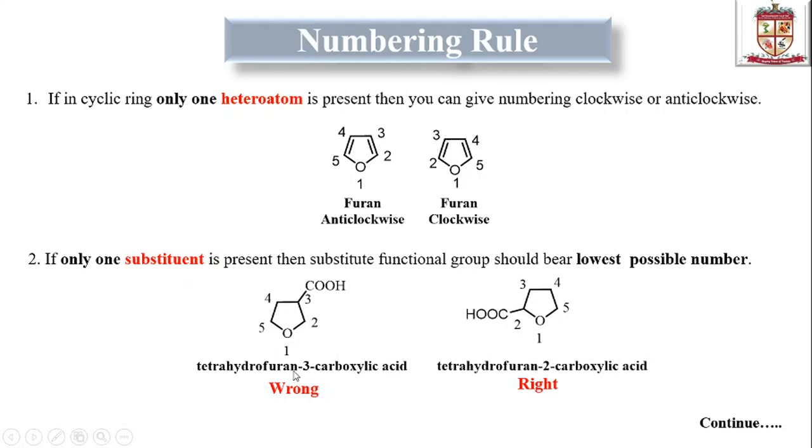In the other case the carboxylic acid is attached to the carbon at position number 3. That's why this is the wrong way to give the numbering whenever only one substitution is present on the heterocyclic ring, and this is the right way because it contains the lowest possible number.